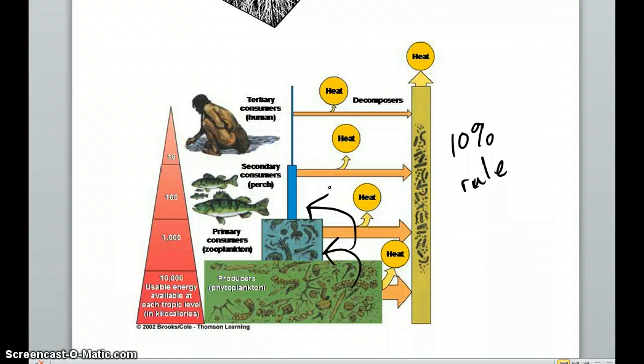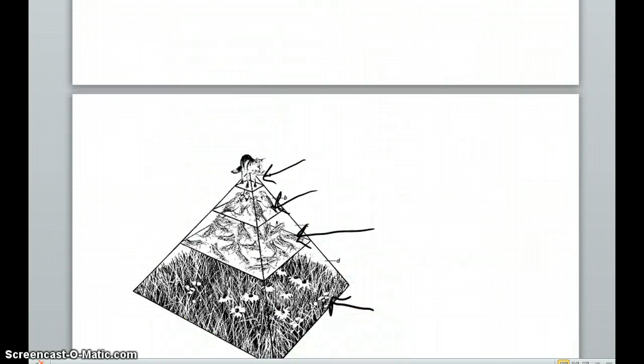The rest of it is either lost through the metabolic activities of the prior level organisms or lost as heat, like you see here. And thus, you get the pyramid shape. You get your pyramid numbers.